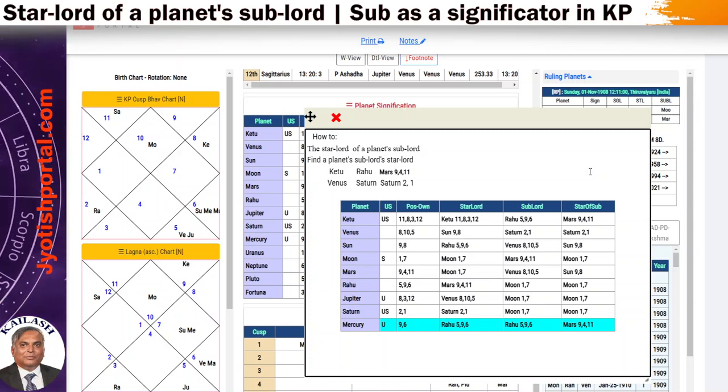I have a video on the fourth step, and in this Jyotish portal you can find the four-step signification table also. But the whole foundation is based on this kind of a signification for the four-step table.